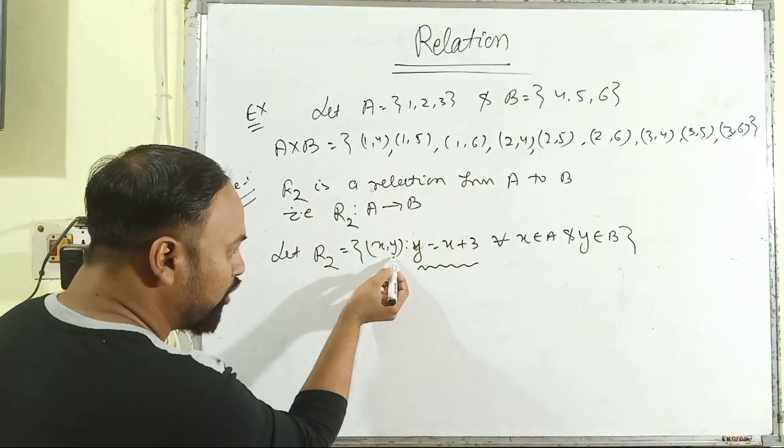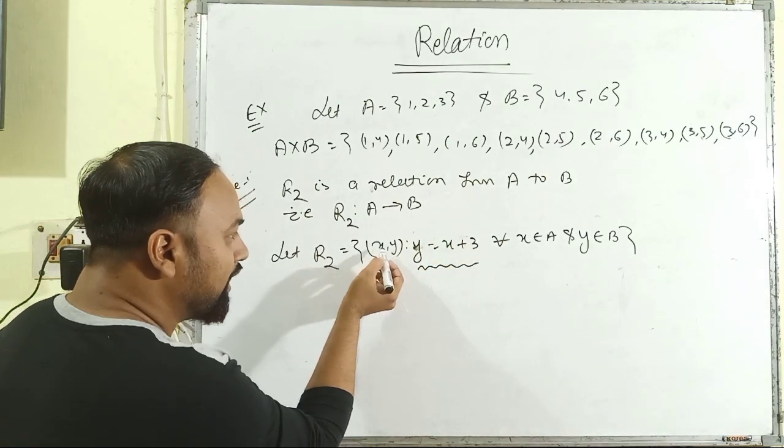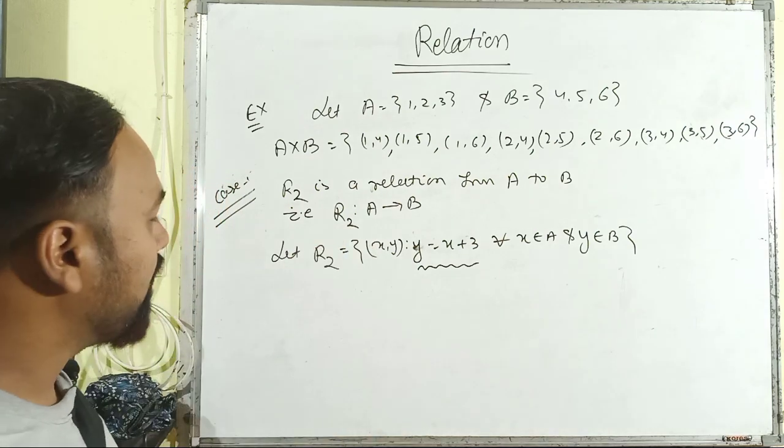That means the second component is 3 greater than the first component, and we have to find such terms.